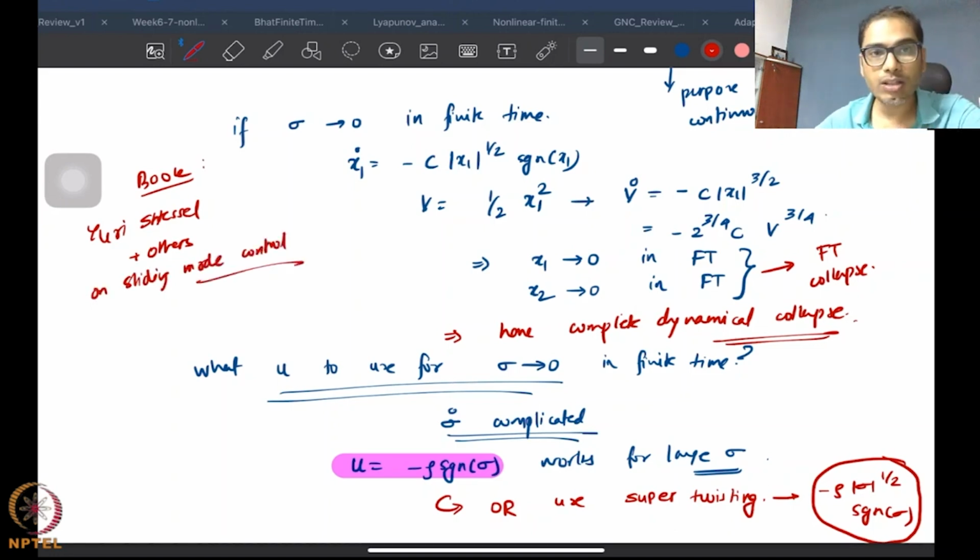Most of the heavy lifters in the area are co-authors in this book, and it's one of the better written books. Most of the material that we've covered is from the first chapter. As you can imagine, what we've covered is literally just the first chapter, the introduction to sliding mode, and there is so much more in sliding mode control that we have not covered here.